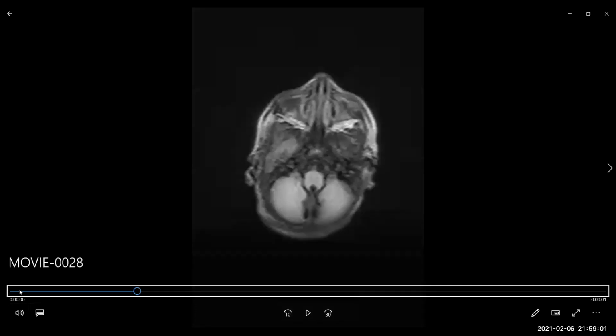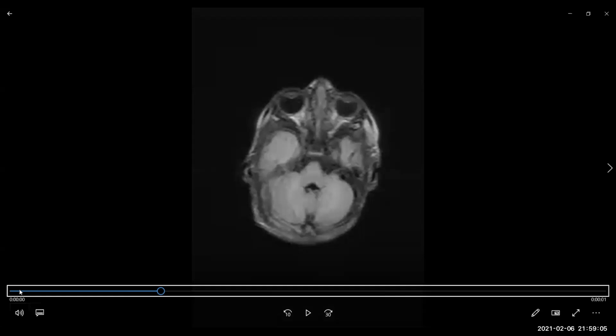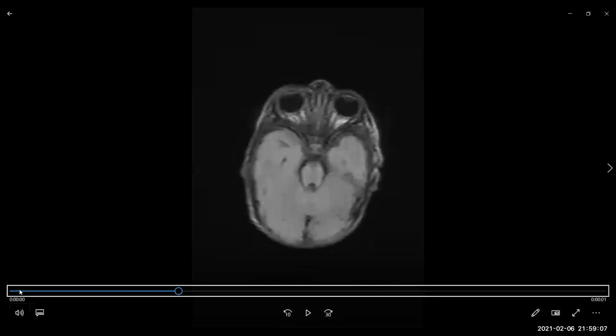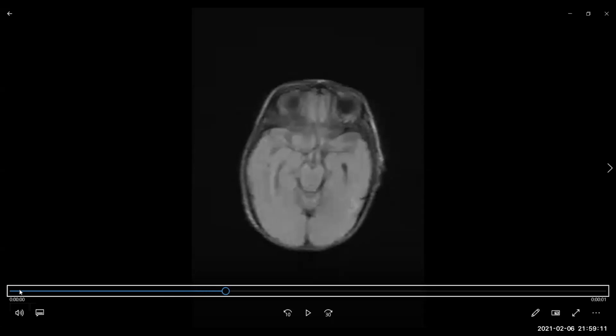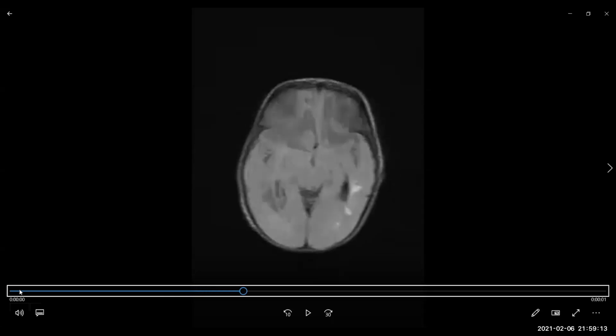Okay. Young child, altered consciousness. So this is an MRI brain T1 weighted image of a child with altered consciousness. It's an axial section.